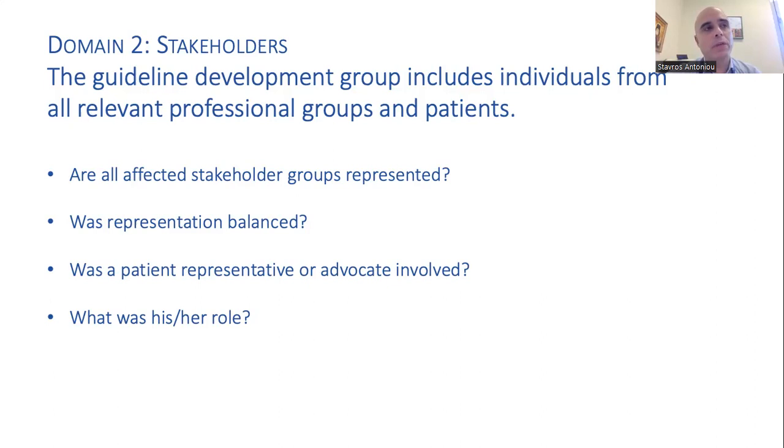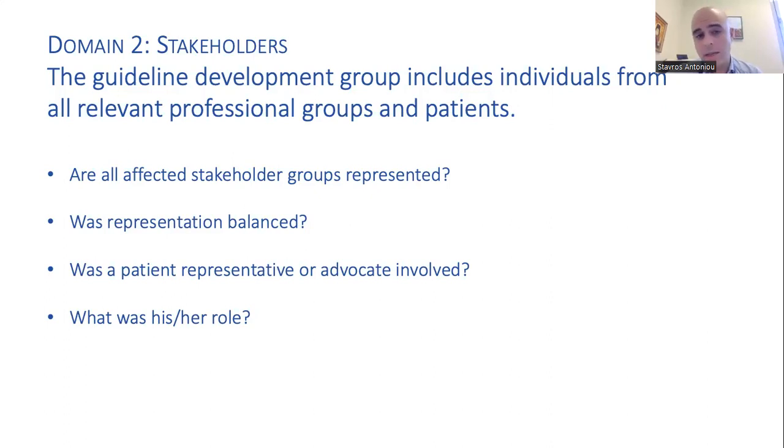For example, if we deal with a guideline on, let's say, the surgical management of colon cancer, we need to involve at least two gastroenterologists, 2 oncologists. We cannot have, let's say, 5 or 6 oncologists, because there's going to be an imbalance.